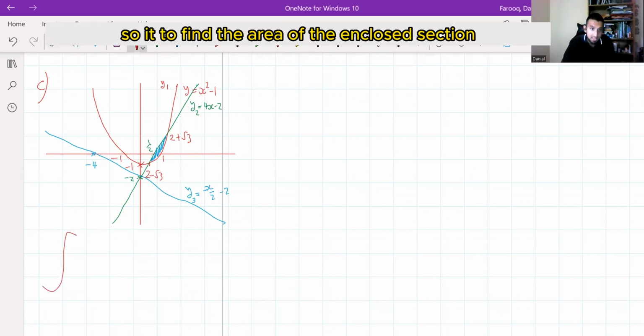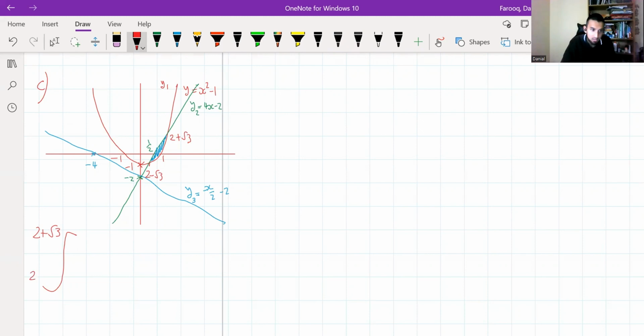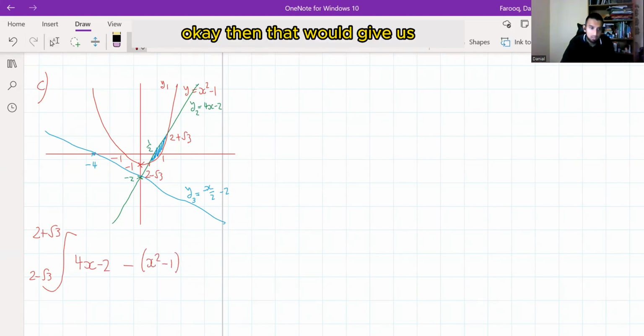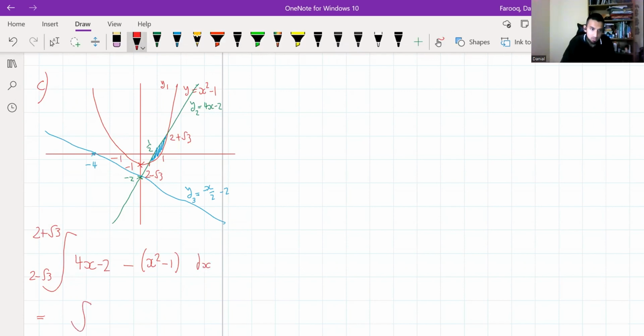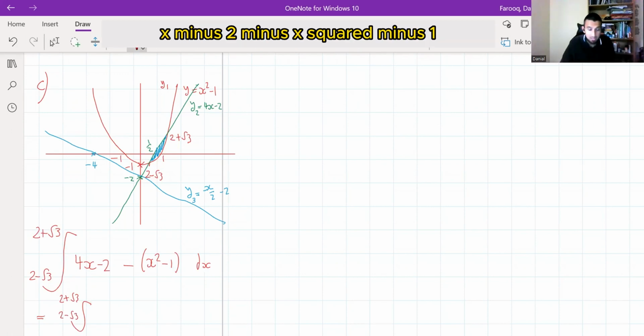So to find the area of the enclosed section, it would be from 2 minus root 3 to 2 plus root 3, the x coordinates there, of 4x minus 2, minus (x squared minus 1), and then dx, of course, for all integrals.